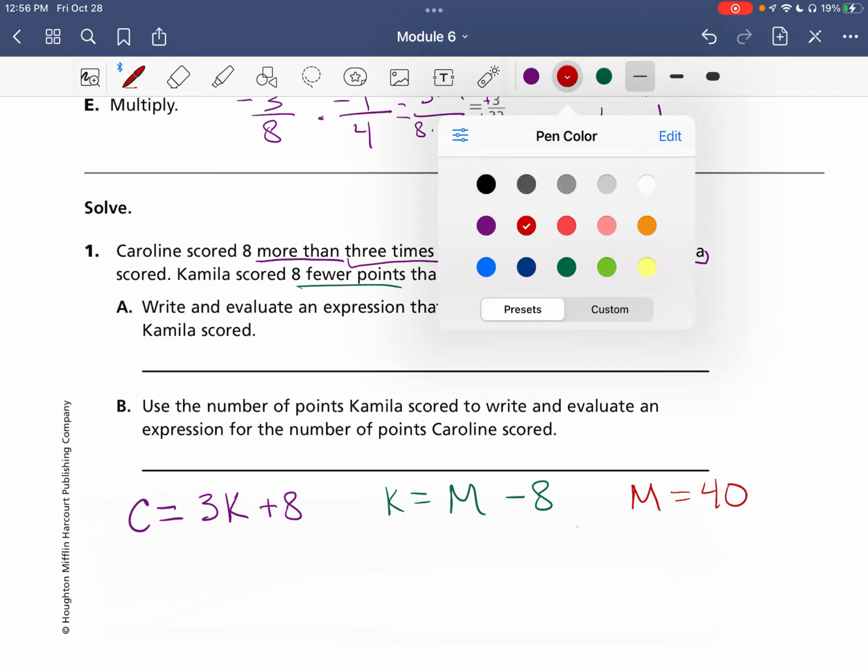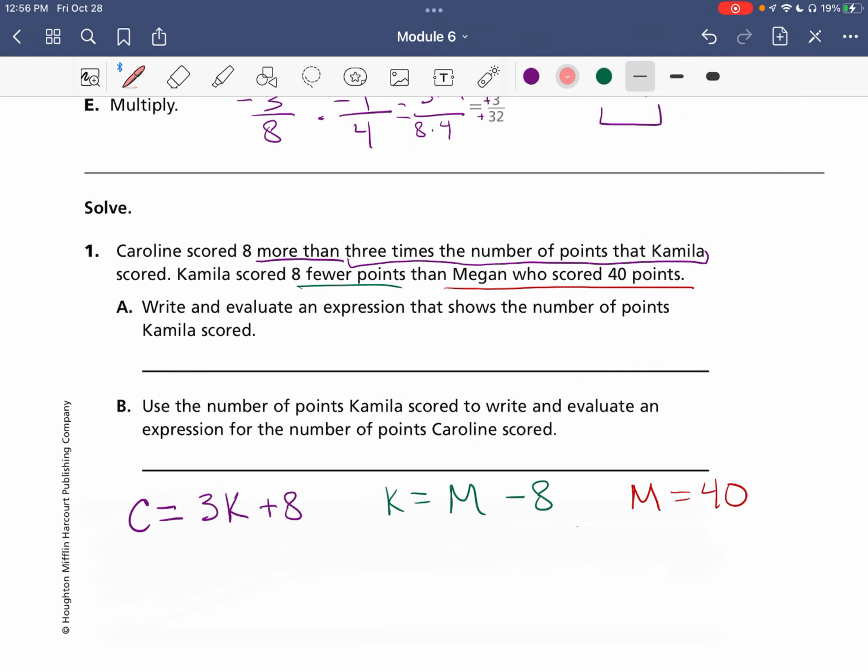So here's our step 1. Let's get some different colors here. So we're trying to figure out this part. We know Megan scored 40, so we can take 40 and plug that in for M. So we have K equals 40 minus 8.